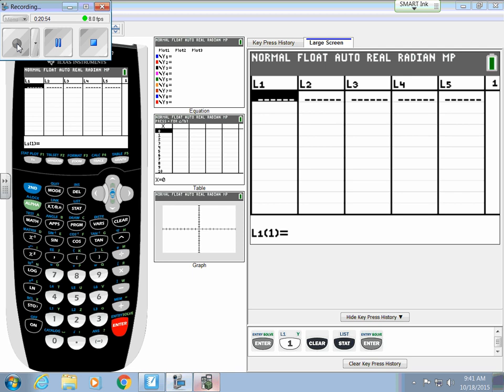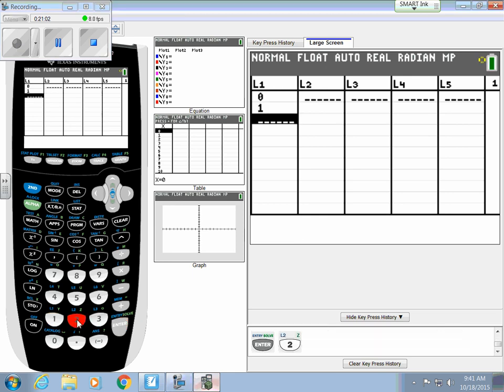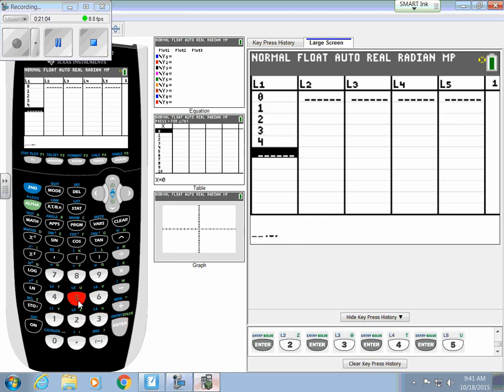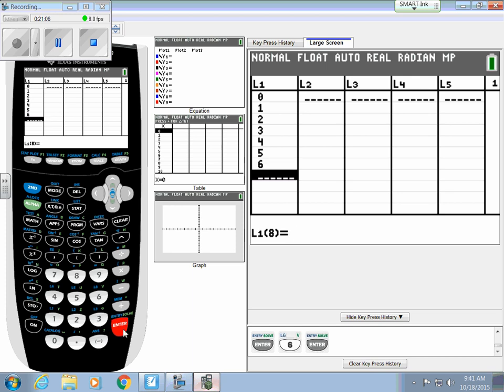So we're going to enter the data from example 3, and we're going to use L1 as the years. So that's going to be 0, 1, 2, 3, 4, 5, 6, and 7. Okay, so we have those in. Now we're going to move over to L2. L2 is going to be the alternative fuel vehicles.